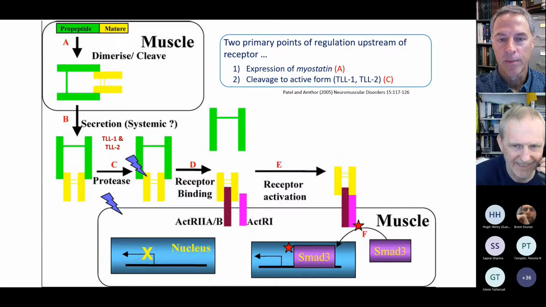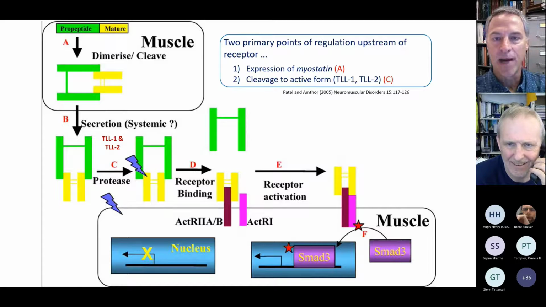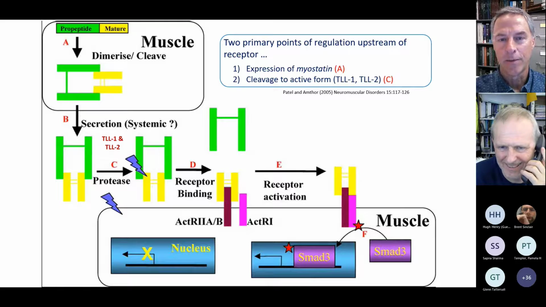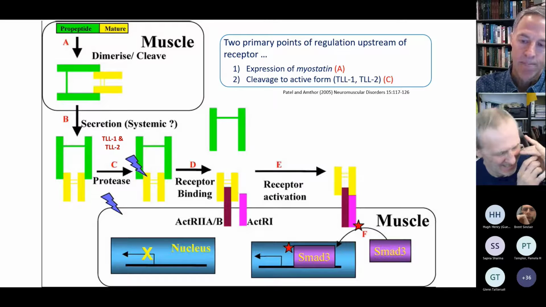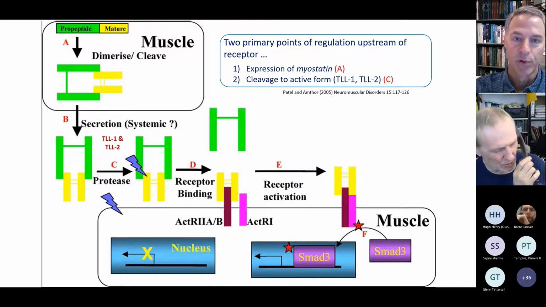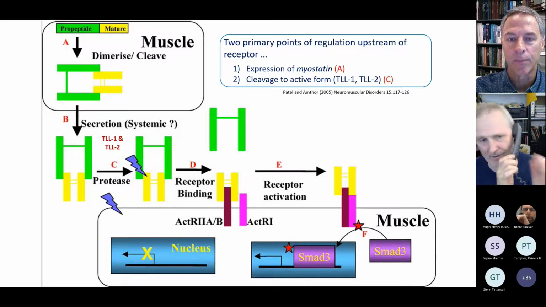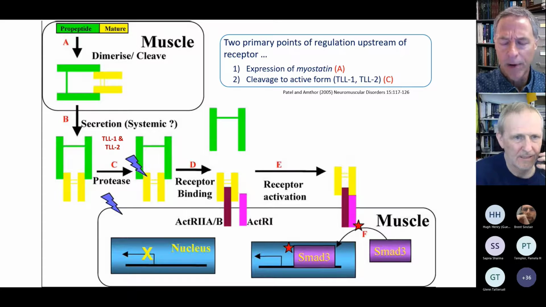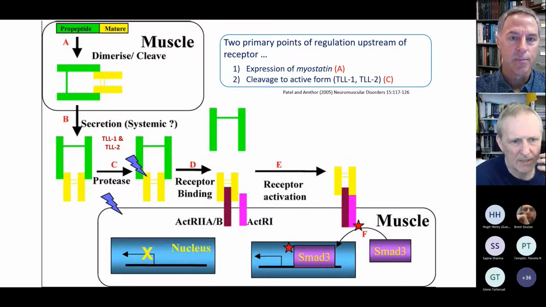And one of the primary candidates for that is myostatin, which is an autocrine paracrine muscle growth inhibitor. So it's produced in the muscle and acts on the muscle. So our hypothesis was that you should see a decrease in myostatin in the winter. So if you decrease the inhibitor, it frees up the muscle to grow.